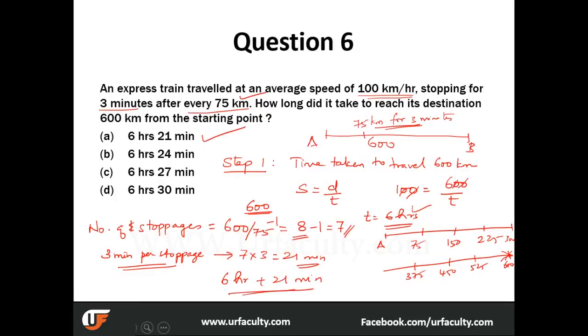It's the total time from starting point till the end point. Please remember, the last stoppage we don't have to consider here because the train has already reached its destination. So there are only 7 stoppages as you see over here. Please have this diagram in mind. So I hope you understood this question.